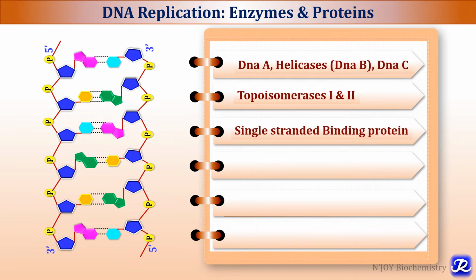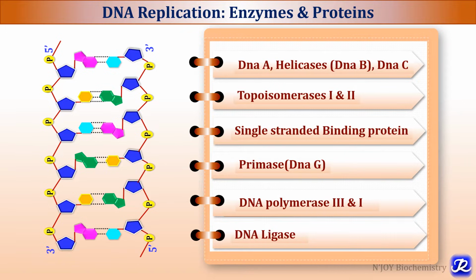Single stranded binding proteins are required. Primase, also called DnaG, is required for RNA primer synthesis. Then in DNA replication, DNA polymerase 1 and 3 play a very important role. And DNA ligase. So these are the various enzymes and proteins required for DNA replication.